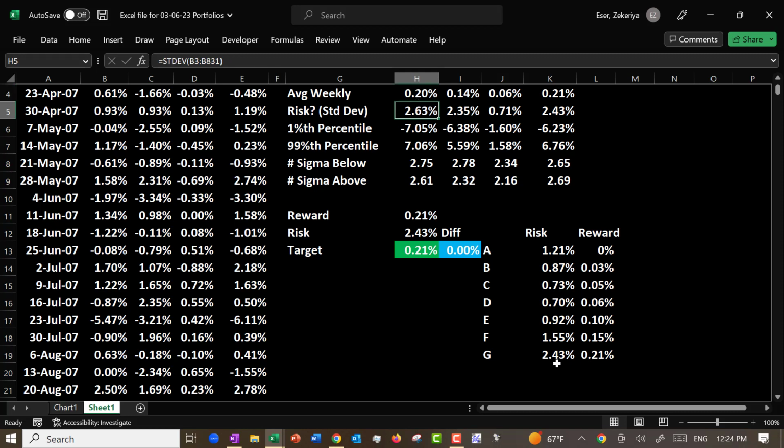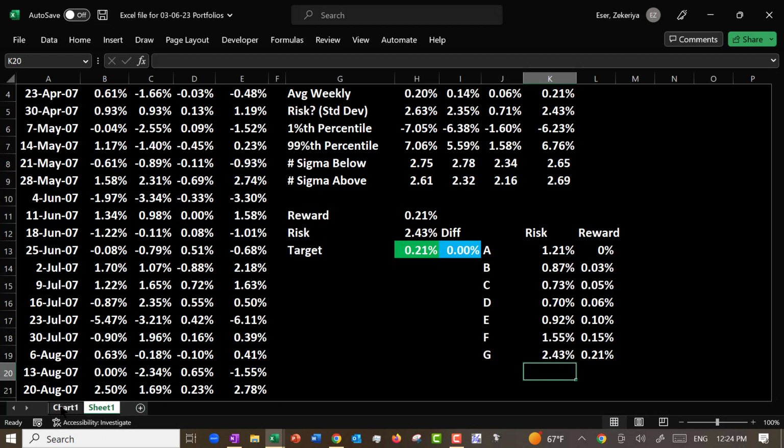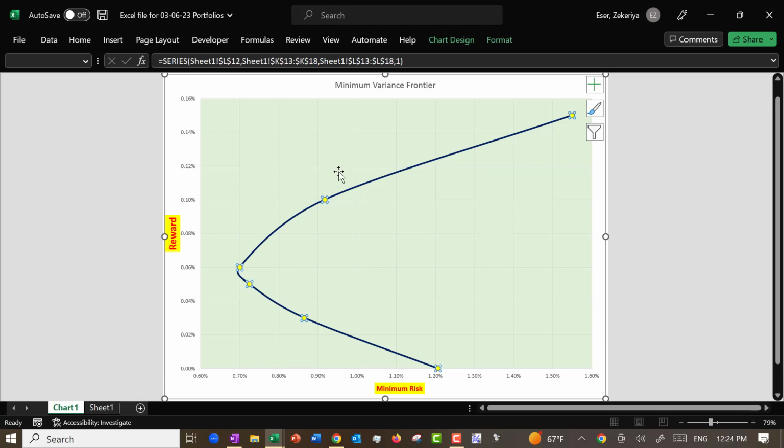Let me change the chart. Instead of 18, it ends in 19. Okay. So the S&P 500 portfolio is somewhere around here.